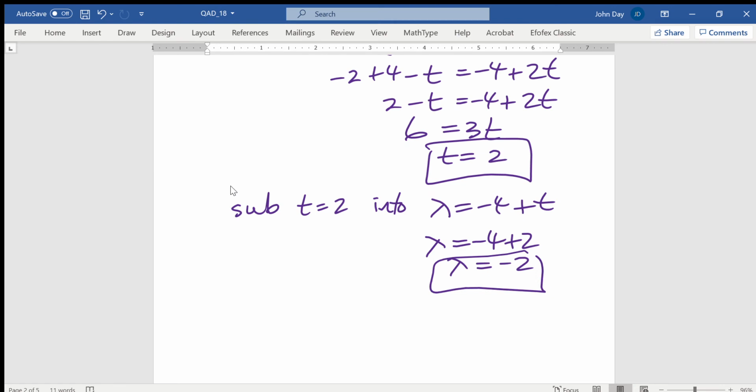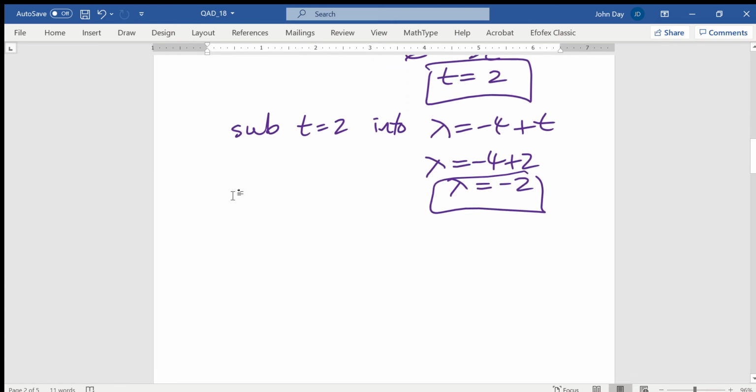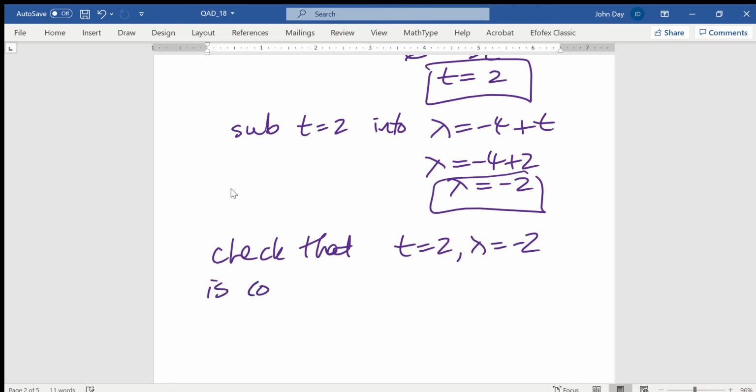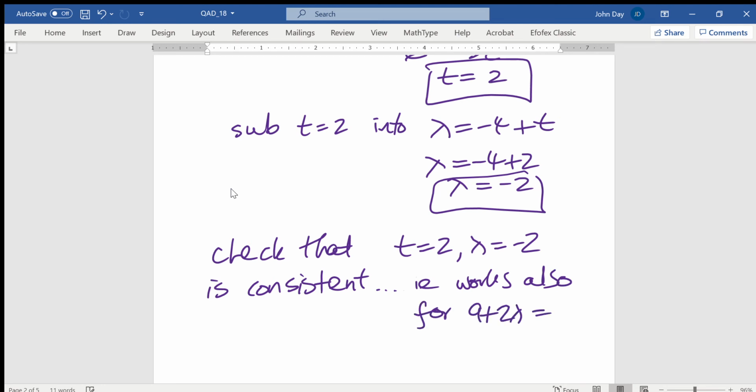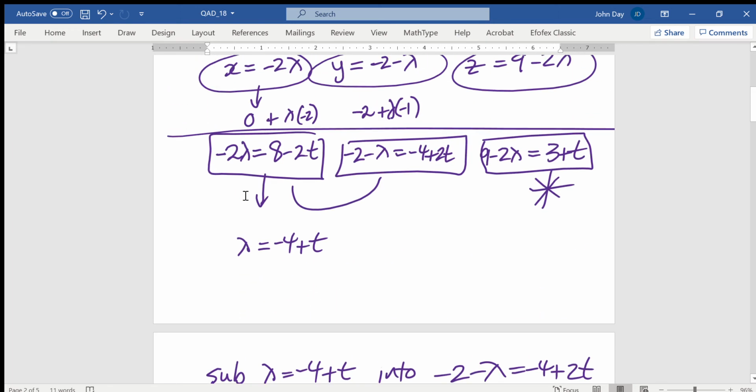Okay, now that works for equations 1 and 2. So check that t equals 2, lambda equals minus 2 is consistent, i.e. works also for the third equation, with the asterisk under it.